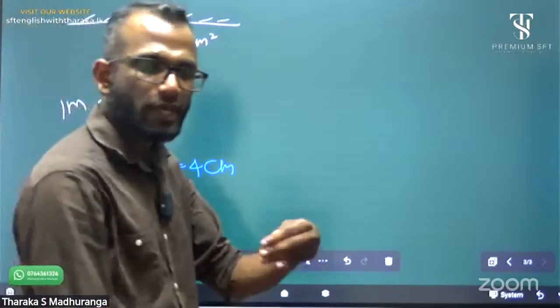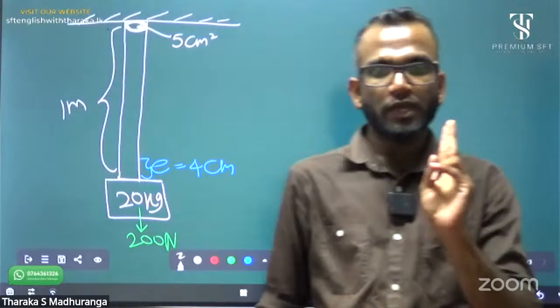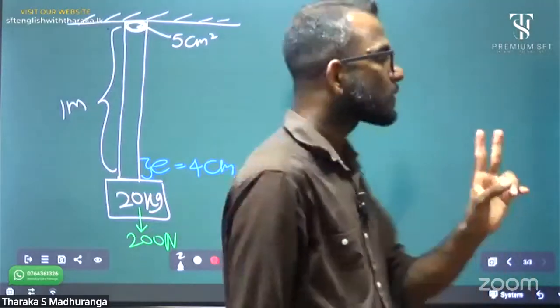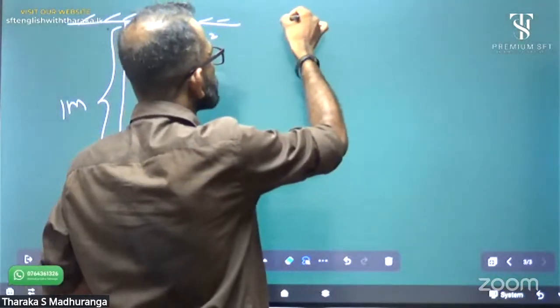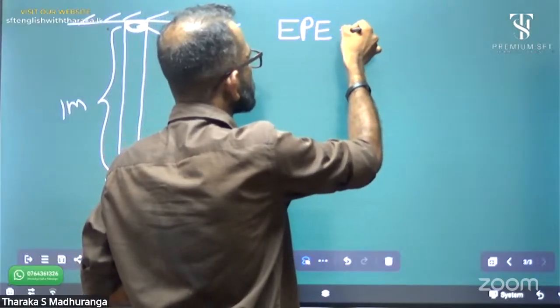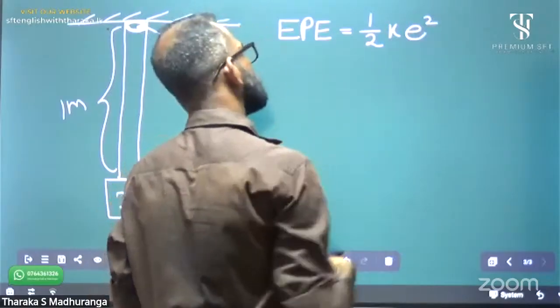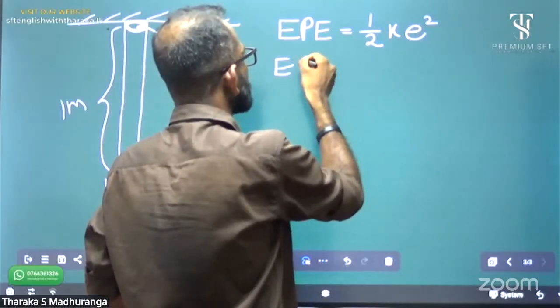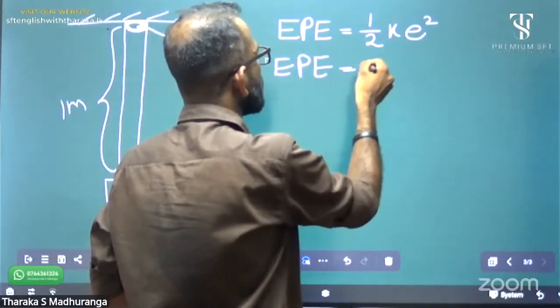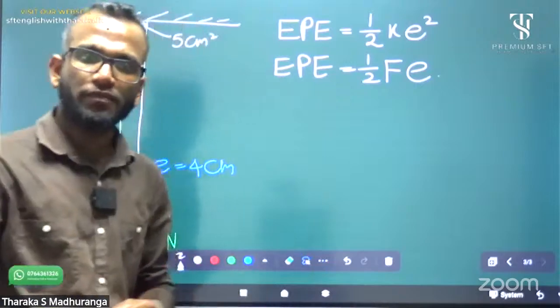Now to get the elastic potential energy, we have two equations. Elastic potential energy equals half K e squared, and elastic potential energy equals half into F e, right?